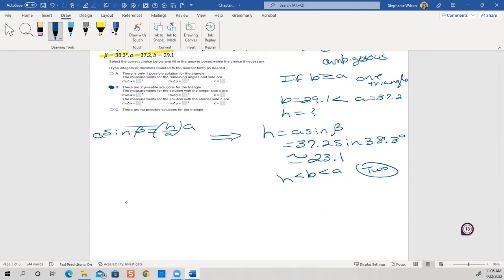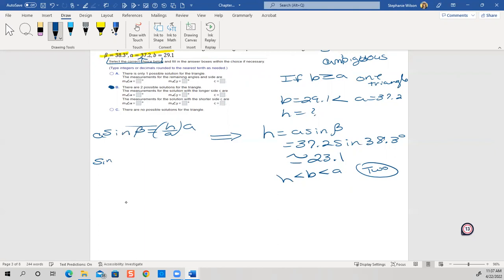What I have is beta is the angle I have, and then I have side A and B. So we know what beta and B are. We're going to use the law of sines here, and we know what A is. So let's solve for alpha.